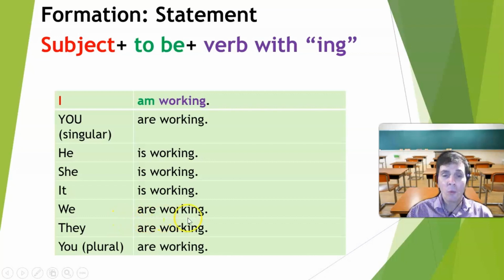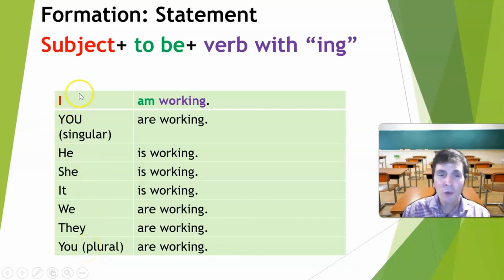We are working. They are working. And you are working. We've got 2 U's here. One is singular and one is plural. The singular one can be used if you are speaking to one person, and the second one down here can be used if you are speaking to more than one person.